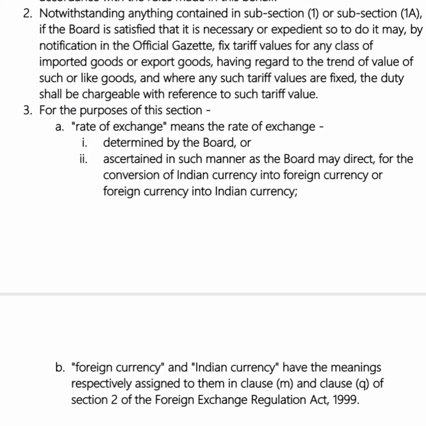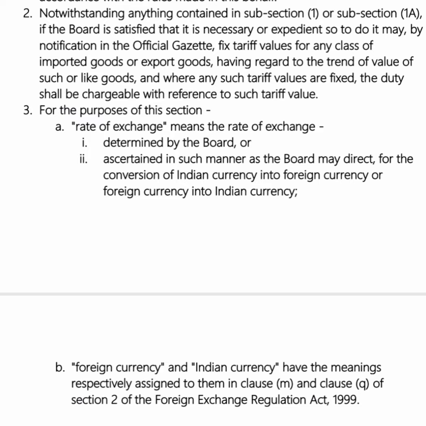Next point, for the purpose of this section you have to know the rate of exchange, at what rate the value of goods imported and exported is converted. The rate of exchange is determined by the board. The board will determine the rate of exchange for import and export goods, ascertained in such manner as the board may direct.